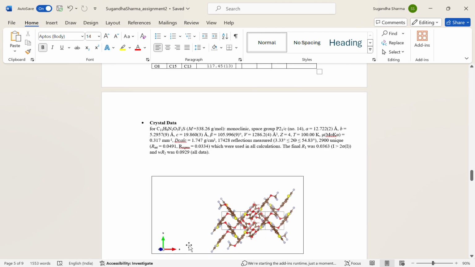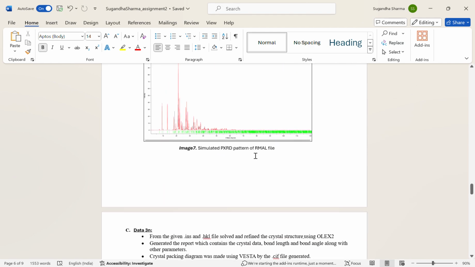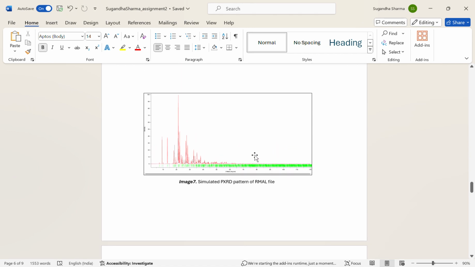Next we performed its crystal packing in VESTA software for this data 2 file, from which this was the most plausible crystal packing obtained, and it also gave the monoclinic system and space group P21/c. Next we simulated the PXRD pattern for this file.